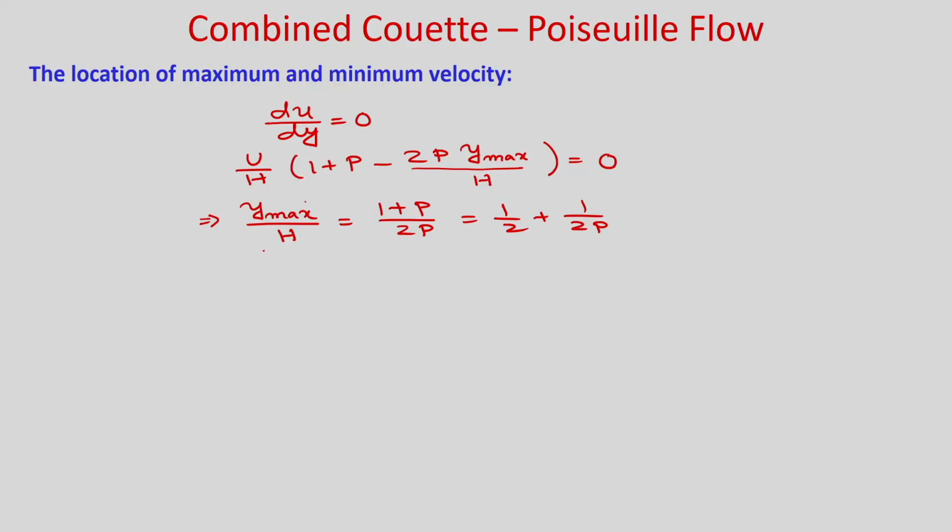Okay. And if you consider p is equal to minus 1, what will happen? If p is equal to minus 1, then obviously you can see y max by h will be 0. That means, in that case when you have an adverse pressure gradient and p is equal to minus 1, then you will not get the minimum velocity inside the fluid domain, only at the bottom plate you will get the minimum velocity.